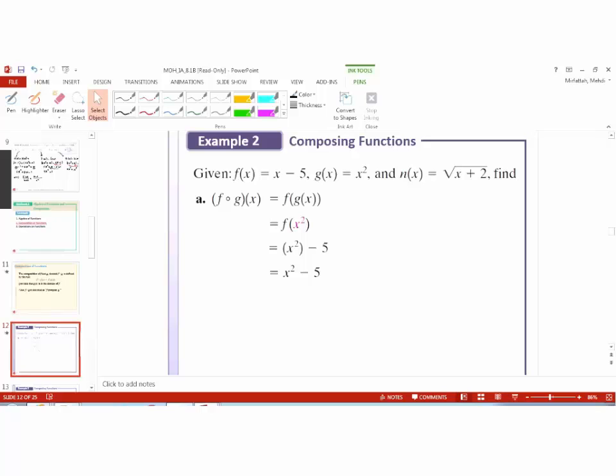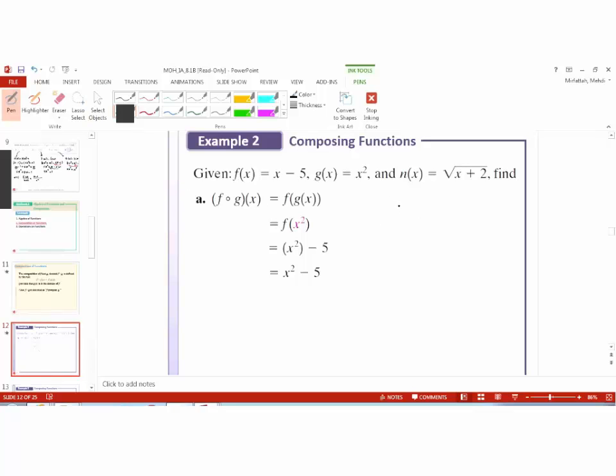Given f of x is equal to x minus 5, g of x equal to x squared, and n of x is equal to square root of x plus 2, you want to find the composition of f with respect to g, so f of g of x. Let's go through these examples together, and make sure we can follow this.